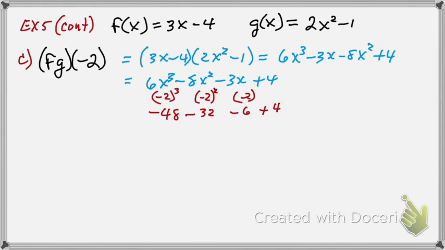So negative 48, negative 32 is negative 80. Wait. That should be a plus 6, shouldn't it? Negative 3 times negative 2. Okay, so negative 48 plus negative 32 is negative 80, plus 10 equals negative 70, I think. Double check me. Yep.